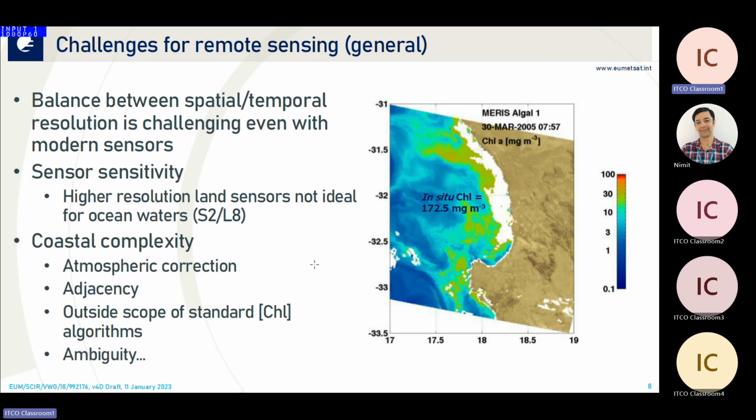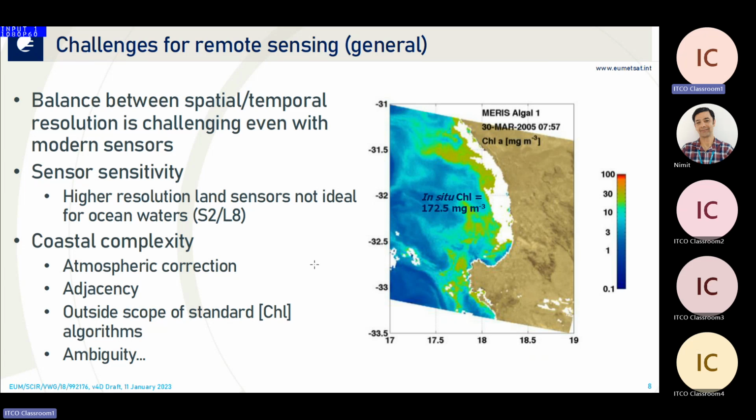So if we want to use remote sensing, we need to take care of the atmospheric correction, that the atmospheric correction is really doing a good job in these areas, to take into account the adjacency effects that we have seen, the sun glint effect that also has been mentioned. And then we try the blue-green ratio algorithm, and it's not working properly because my bloom is out of range for this type of ratios.